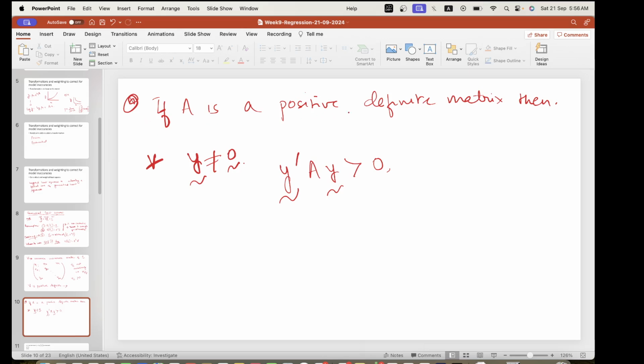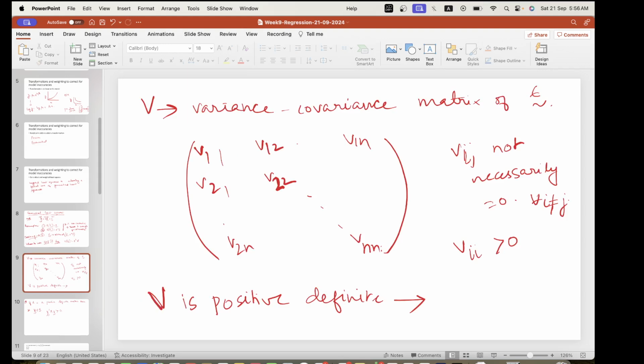So if A is a positive definite matrix, then for all y not equal to 0, y transpose Ay should be greater than 0. Now here in this context, V is a positive definite matrix.